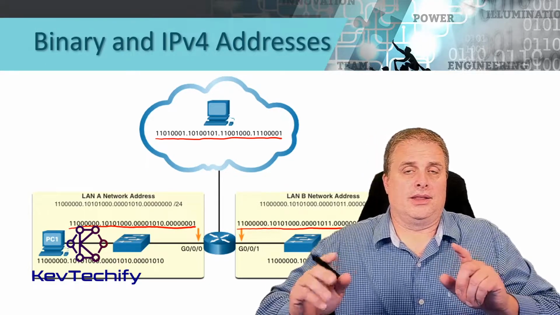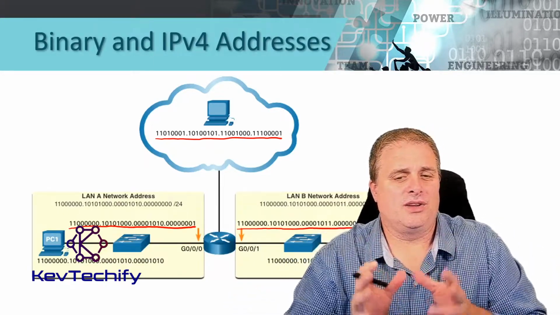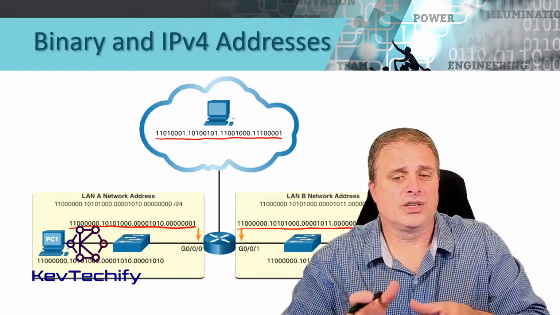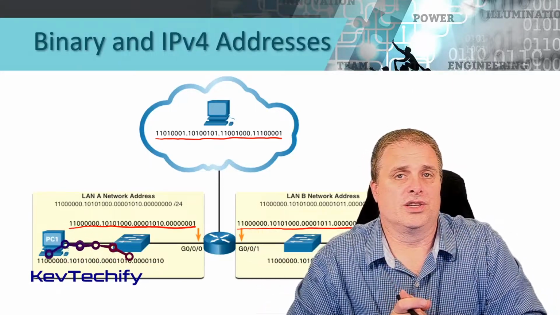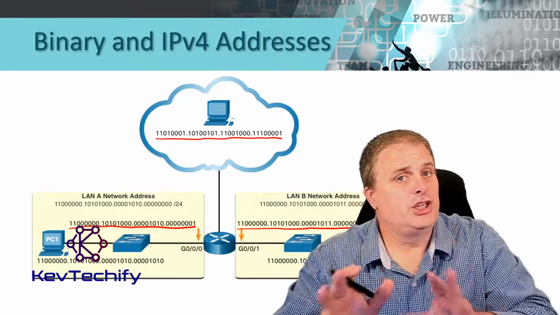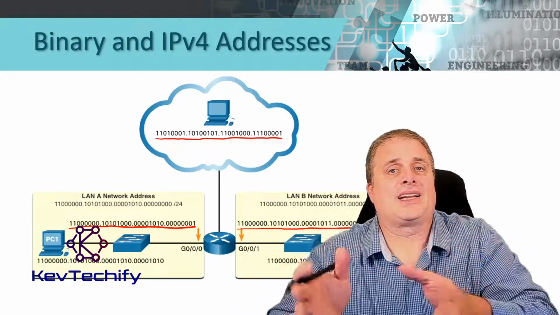Now, this graphic is a little bit off. The computer itself sees the string of 32 ones and zeros. There are no decimals breaking up that string. Once again, that is done just for humans, so we can more easily identify where the octets are, those groups of 8 numbers.